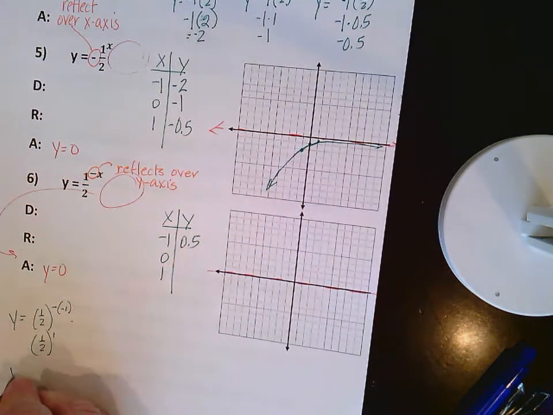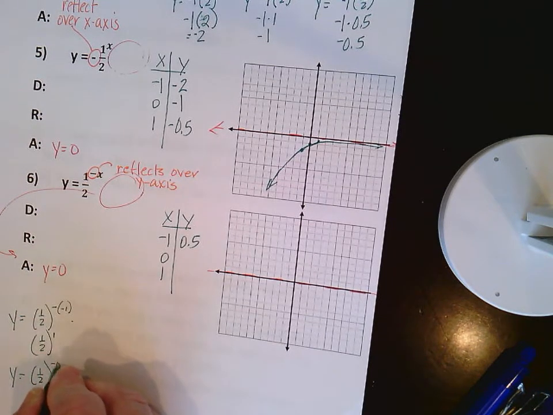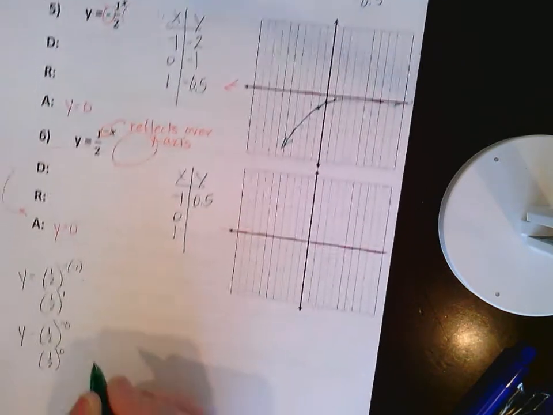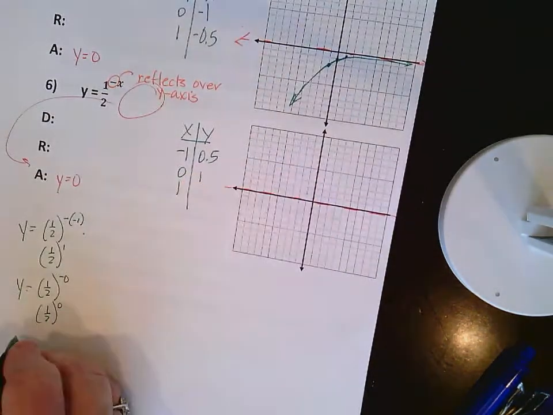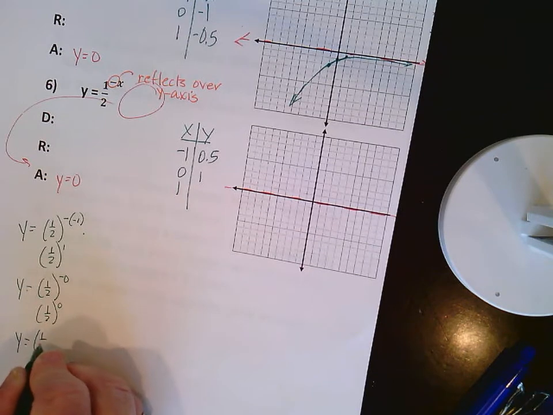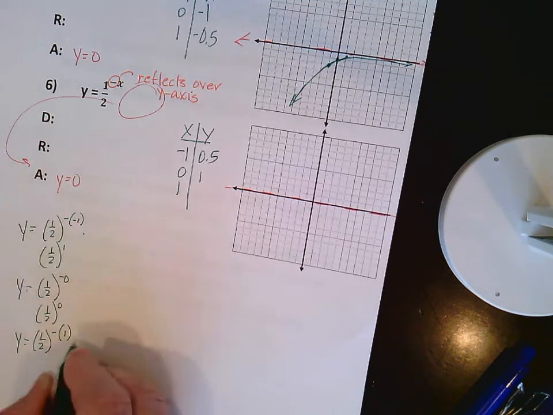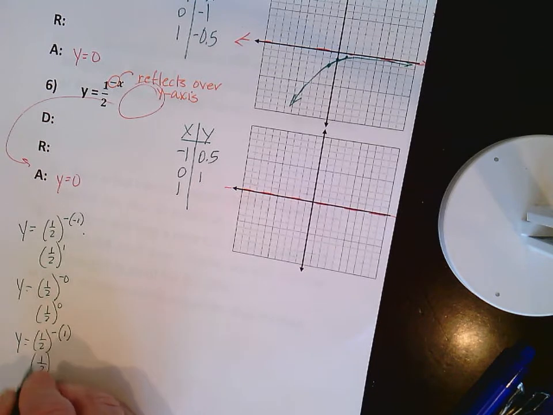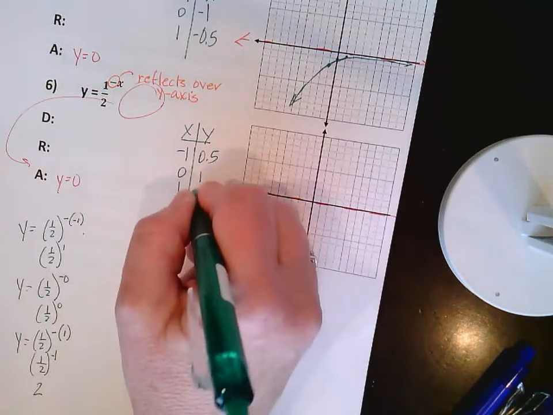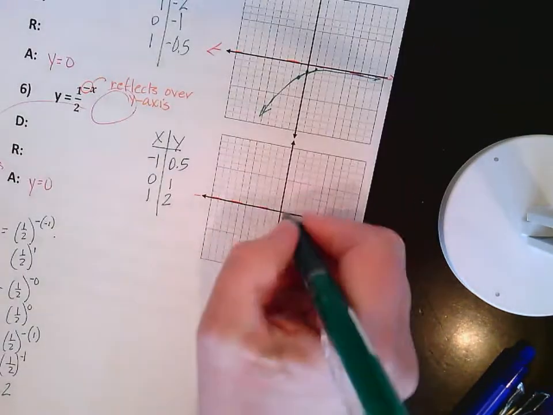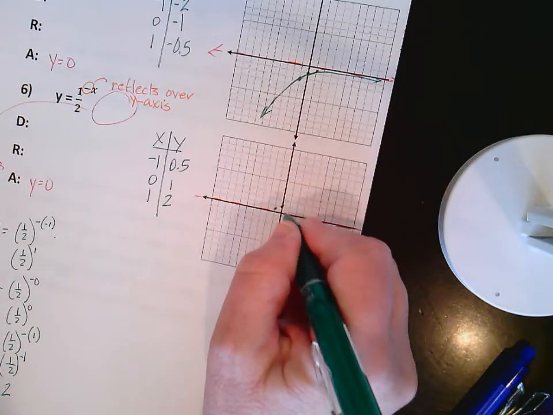I have y equals 1/2 to the -0, which is just 1/2 to the 0, and anything to the 0 is going to be positive 1. And then I have y equals 1/2 to the opposite of 1, which is 1/2 to the -1. So I flip that, and y equals 2. So I have -1, 1/2, 0, 1, and 1, 2.